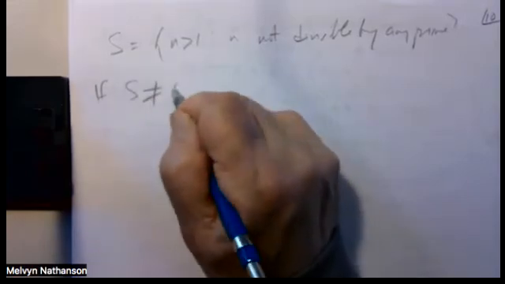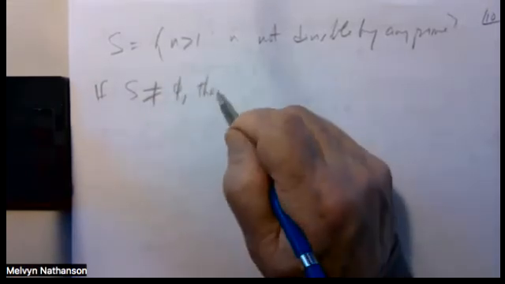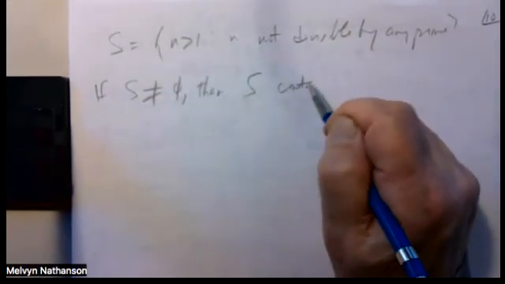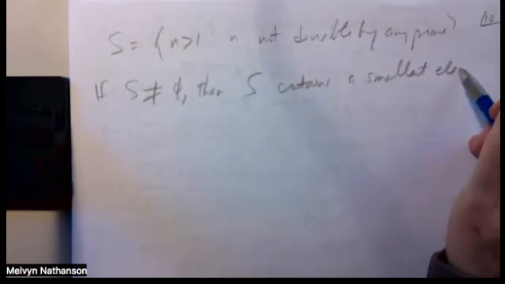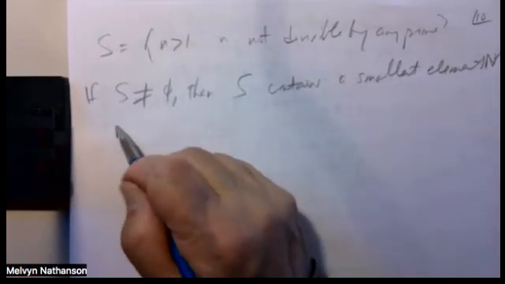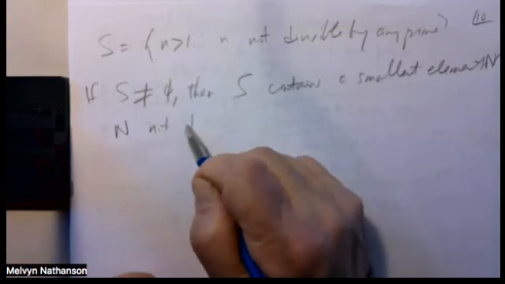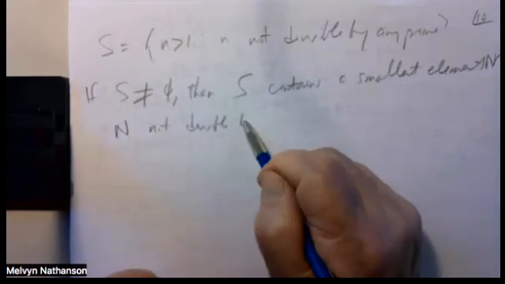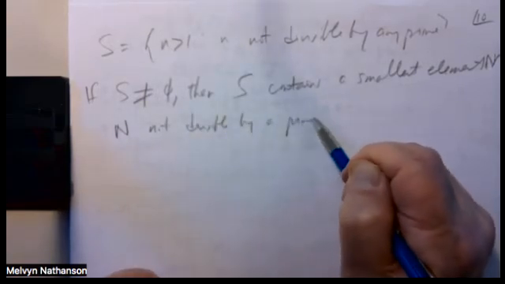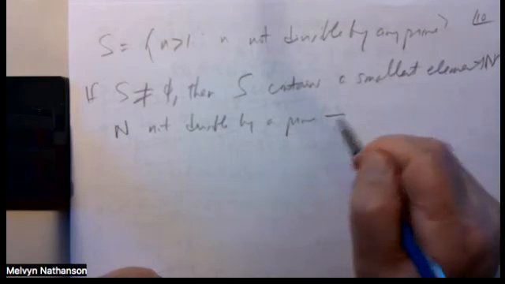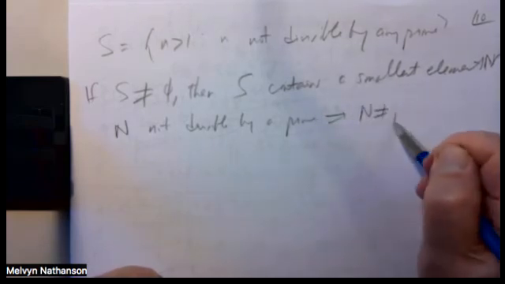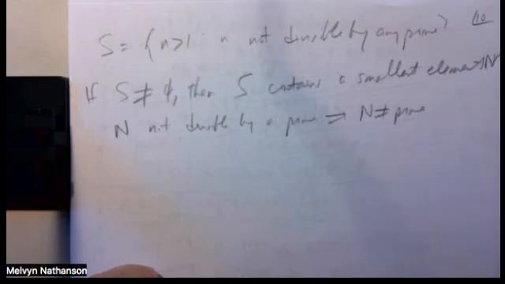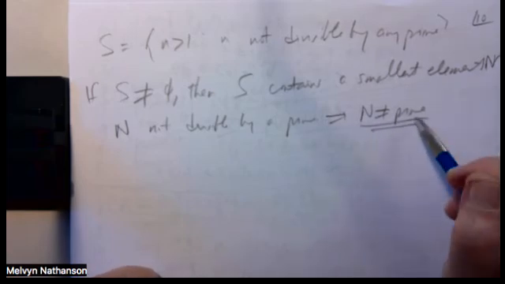So if S is not the empty set, then S contains a smallest element called capital N. So N is a number not divisible by a prime, which means N itself is not a prime, because every number divides itself.